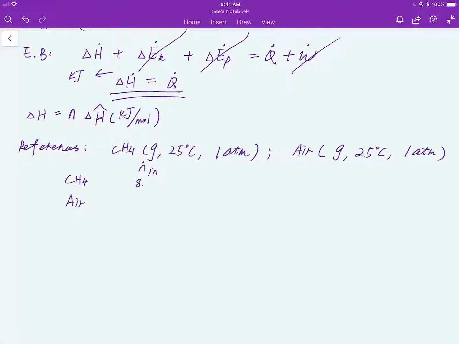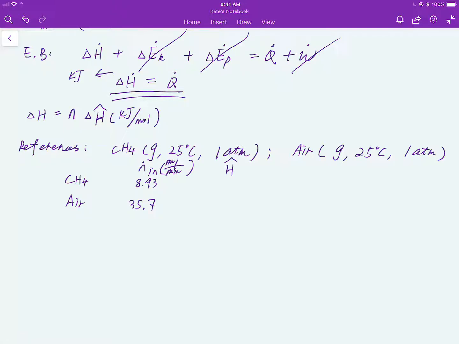Well, let's write down the unit first. That is mole per minute. And then we have 8.93 and 35.7. We just calculate this part.